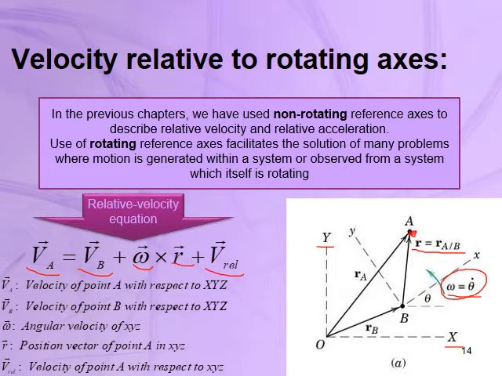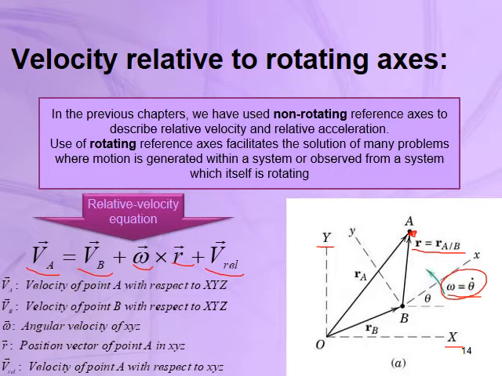Okay, so from now on, the lowercase x and y coordinate system, which is a rotating relative coordinate system, we call the relative system, and the uppercase X and Y coordinate system is the fixed coordinate system. So VA and VB are the velocities of points A and B with respect to the fixed coordinate system.